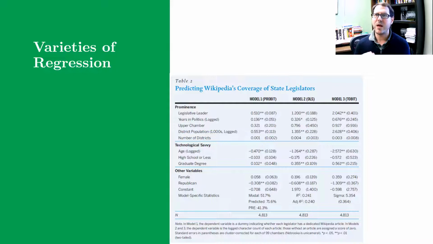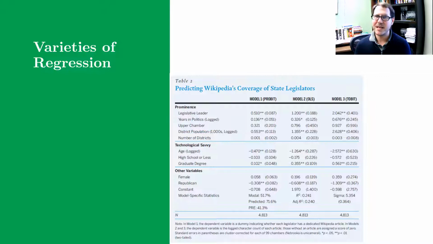And so with probit, we're not thinking about it in terms of changing the actual value in our forecast. We're thinking about it as shifting the probability. And so there's some math involved. I wouldn't encourage you to try to interpret those numbers in that column 1 in an intuitive sense, other than positive or negative, big or small.